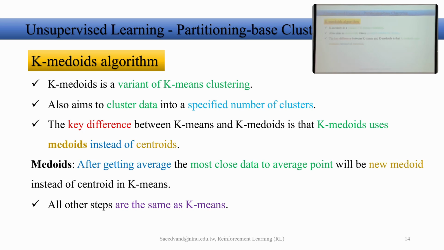Why should they be centered somewhere, nowhere, where we don't have any data? Instead, could we choose one of these data points as the centroid? Yes, we could. And if we do that, instead of centroid, we call it medoid. Just choose one of these as the center and call it medoid.